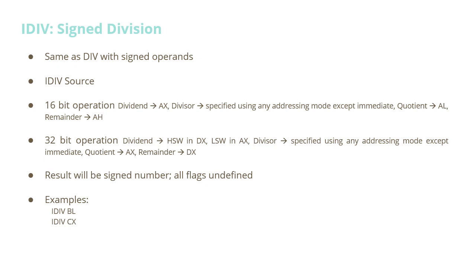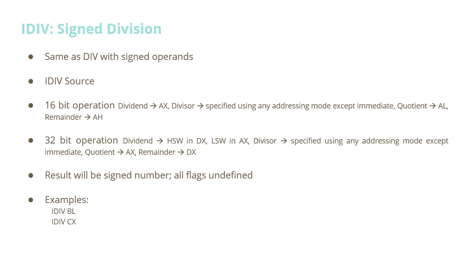The result will be a signed number and all the flags will be undefined after the execution of this particular instruction. A divide by zero interrupt is generated if the result is too big to fit in the AX register in the case of a 16-bit operation, or if it's too big to fit into the AX and the DX registers in the case of a 32-bit operation.